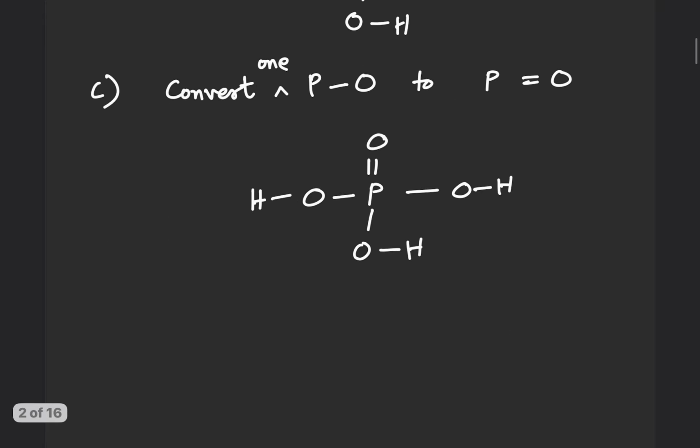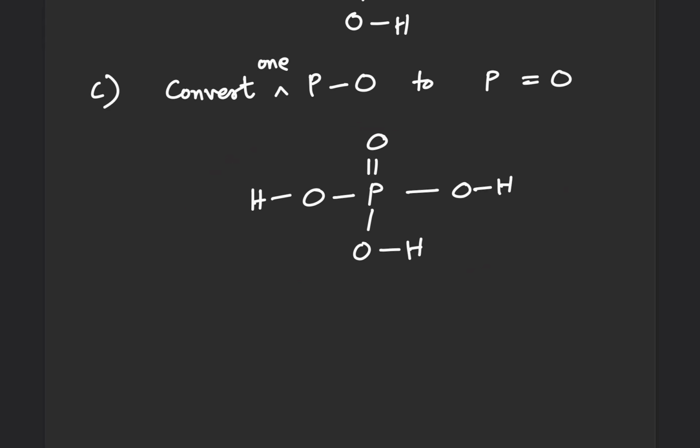In this way, you can see the covalency of phosphorus is satisfied because it has a covalency of 5, 1, 2, 3, 4, 5. And also the formula is H3PO4. There are 1, 2, 3 hydrogens, 1 phosphorus, and 1, 2, 3, 4 oxygens. So this is the correct structure of H3PO4.